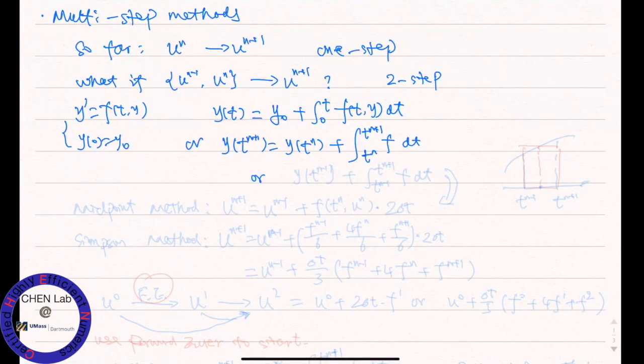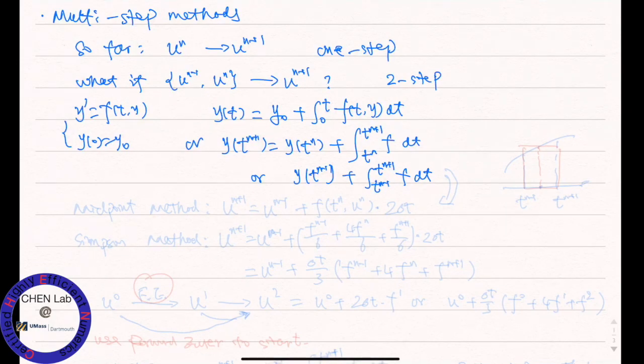We start from t_n, but we certainly don't have to start from t_n. Why not from t_{n-1}? So this is like y(t_{n-1}) plus, in that case, the integral from t_{n-1} to t_{n+1} of f dt. As long as you see the connection with the integral, everything is the same.